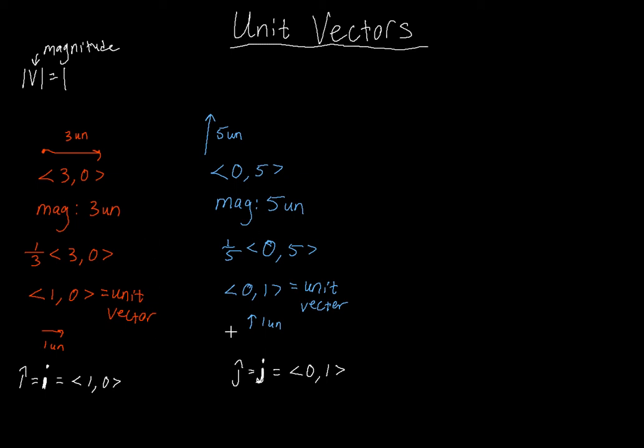So let's take a look at something that's not as simple. But before we do that, let's think about what we're doing. Because really, what we're doing is taking our vector.